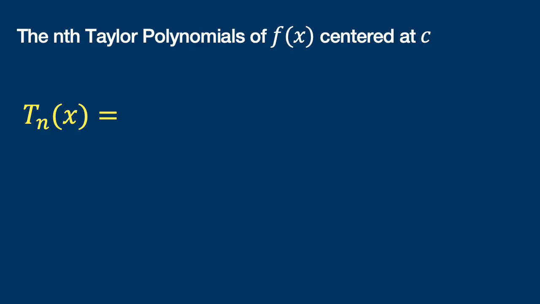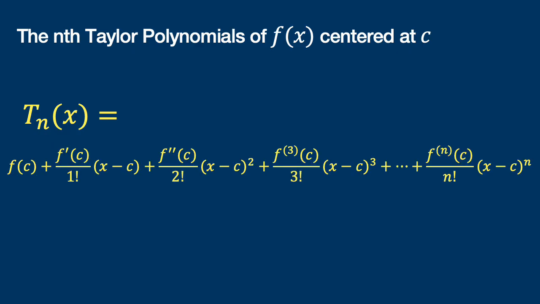Pay attention, it's n here, guys. On the previous slide, I showed the Taylor series of function f centered at C. The Taylor polynomial stops right here. Notation-wise, here is n, and it represents the degree of this polynomial.